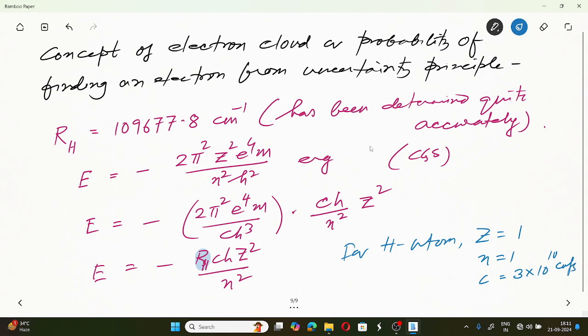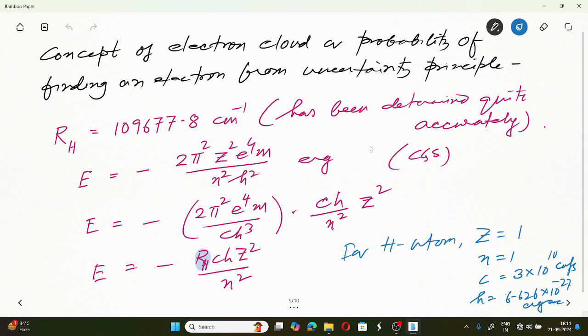And the value of h, this is also constant, 6.626 into 10 to the power minus 27 erg second, if you want to express this in CGS unit. So, what I am trying to say is, if the value of Rydberg constant is accurately known, then the energy associated with the electron can be determined accurately, isn't it?